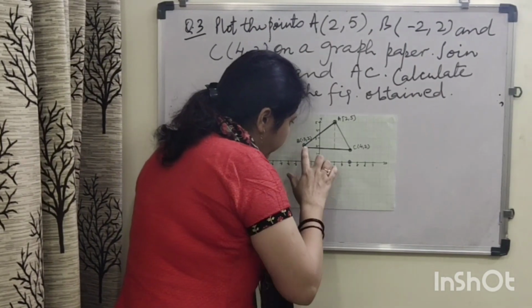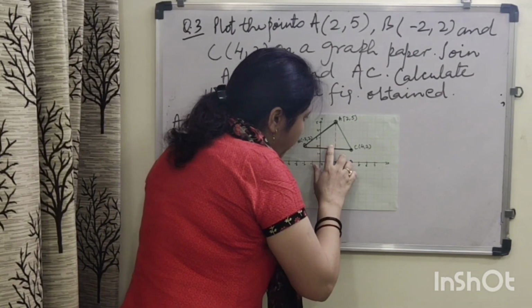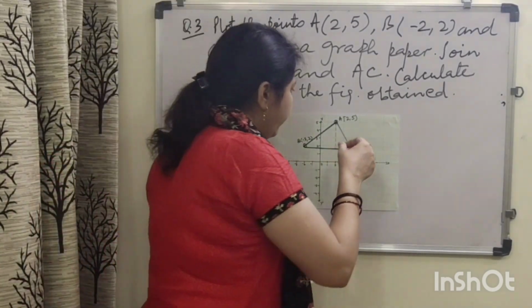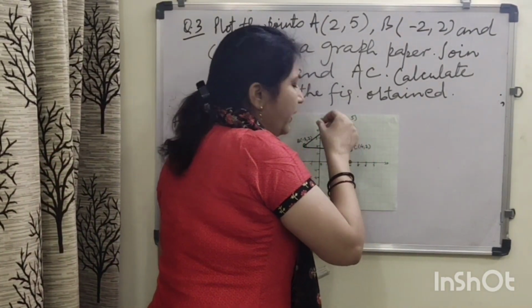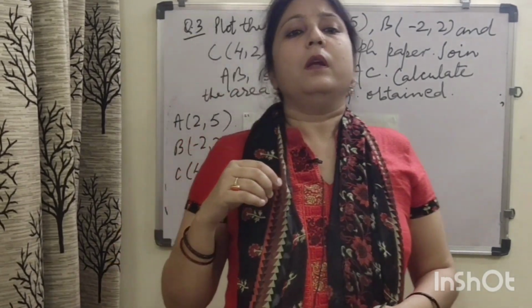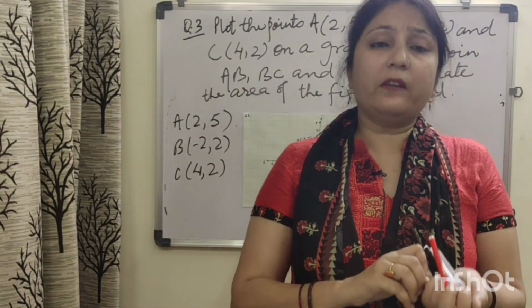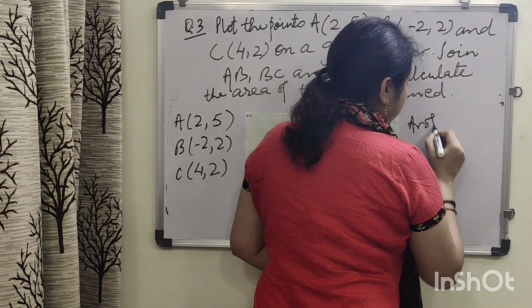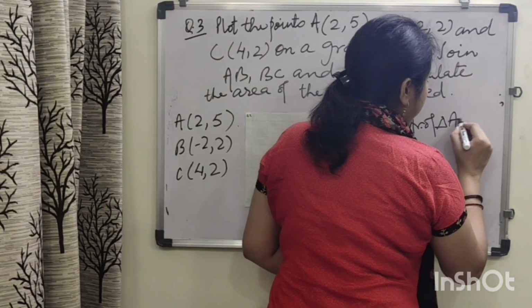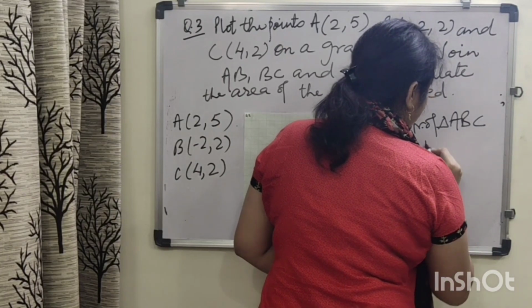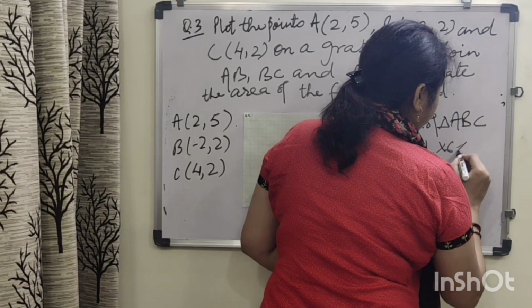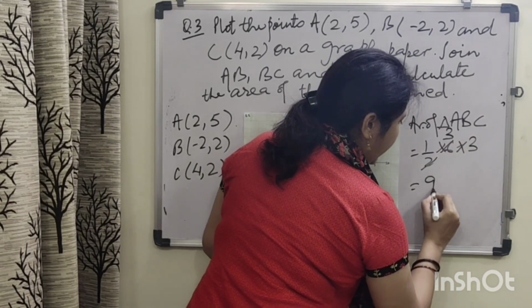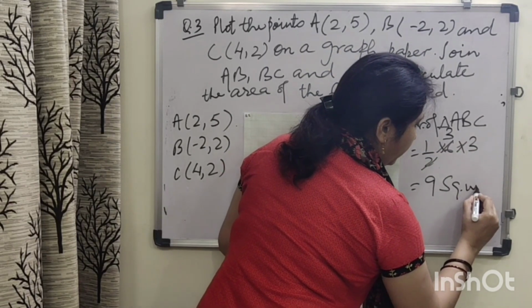Calculate the squares. 1, 2, 3, 4, 5, 6. 6 in the base and 1, 2, 3 in the height. So 6 into 3, half. Area of triangle ABC is equal to half into 6 into 3 square units. That is 9 square units.